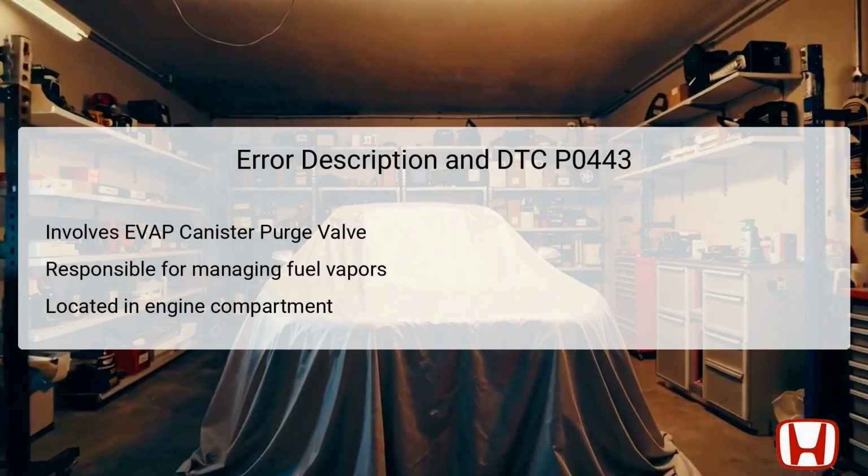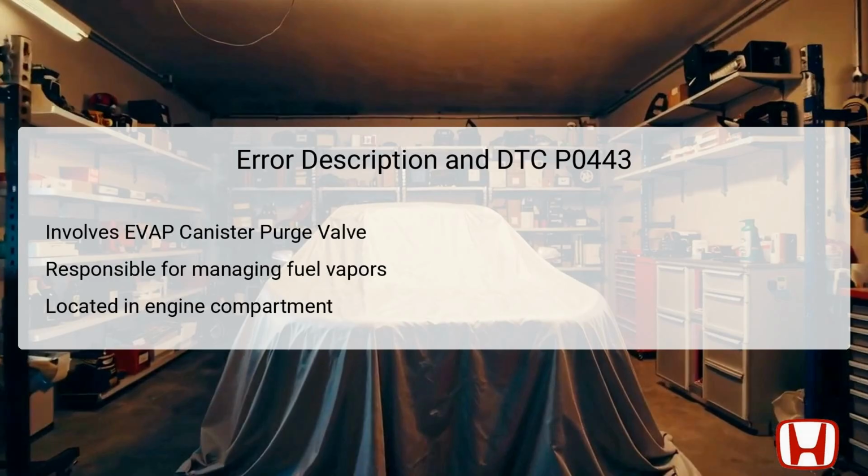The error related to DTC P0443 concerns the evaporative emission control system, which aims to prevent fuel vapors from escaping into the atmosphere. The primary component involved is the EVAP canister purge valve, found in the engine compartment. This valve controls the flow of fuel vapors from the EVAP canister to the intake manifold when the engine is under certain operating conditions.